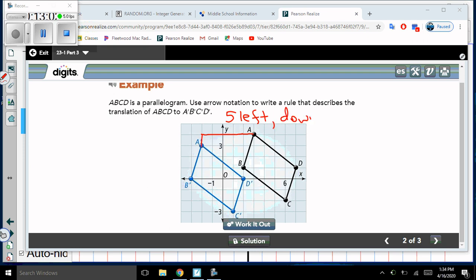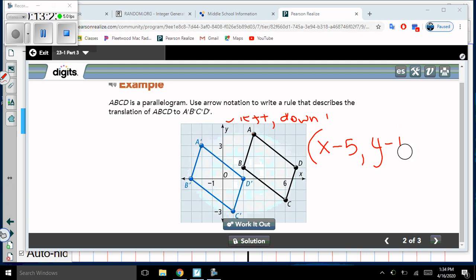So for arrow notation, it's x minus 5, comma, y minus 1, since we're going down. X minus 5, y minus 1.